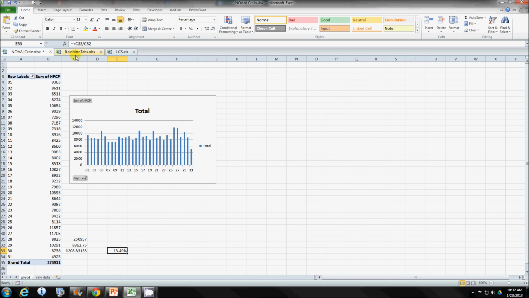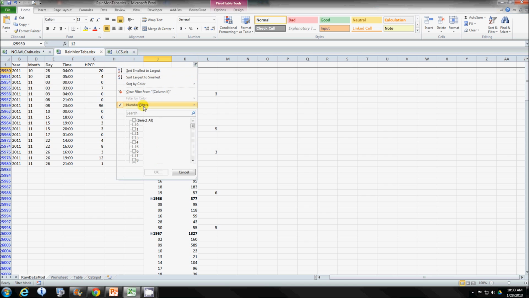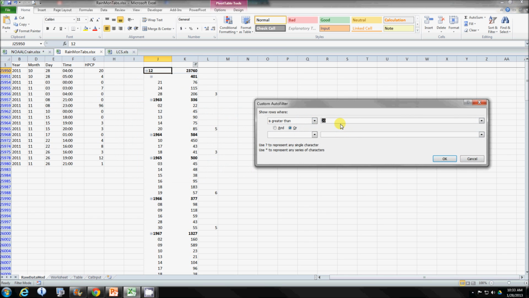So once we have that, then the key becomes to convert that into something that becomes useful. So here's a pivot table that I did, and what I'm trying to do here is just do a sum on the amount of rain in excess of 0.2 of an inch.